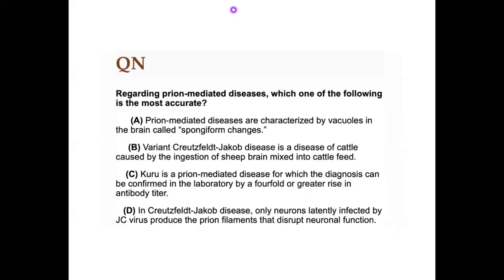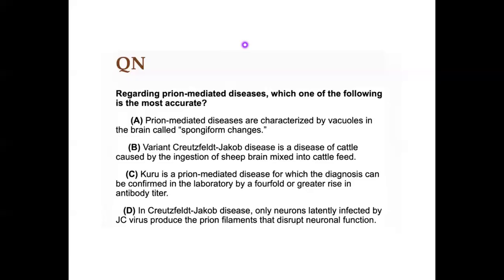It's a very different type of virus. It usually causes something we call PML, progressive multifocal leukoencephalopathy. Let me write it for you guys down. Called PML. Okay, that is the JC virus.